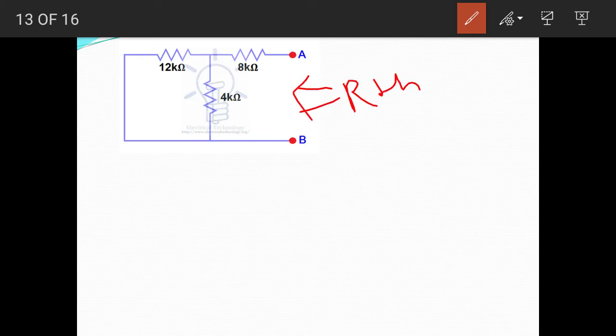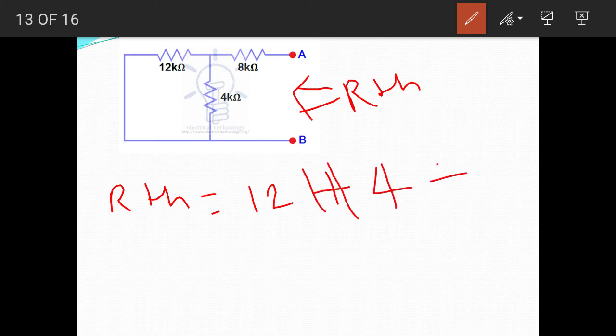So RTH is equal to 12 parallel 4 plus 8. It means the resistances of 12 kilo ohm and 4 kilo ohm are in parallel and the combined resistance is in series with 8 kilo ohm.